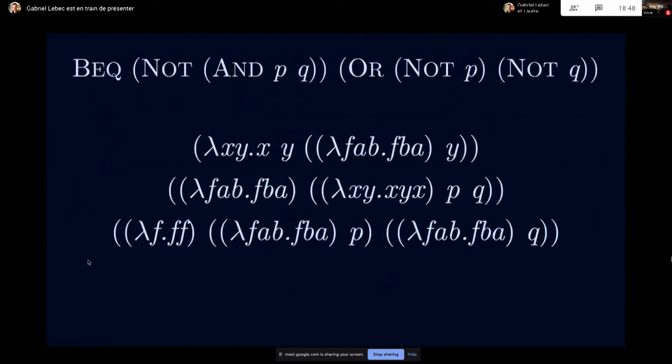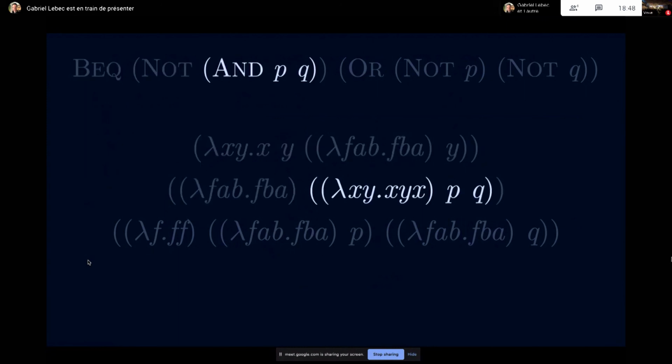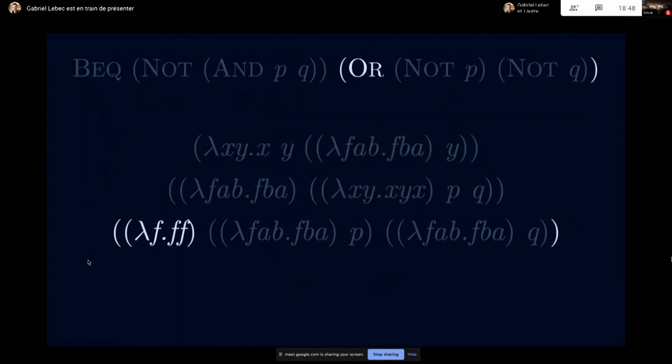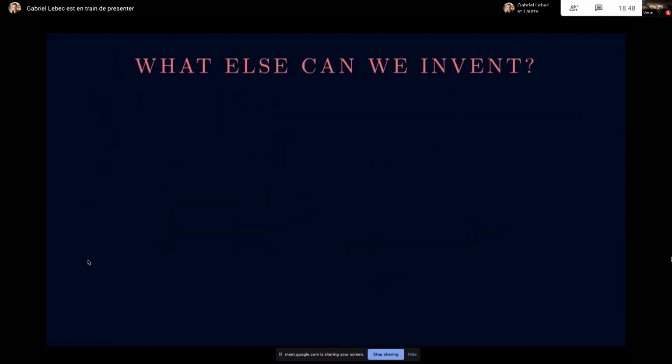And we can prove this by replacing each of those names with its actual Lambda calculus syntax. And we can say that it is always going to be equal, that not of P and Q is the same as ORing not P and not Q. Wow.